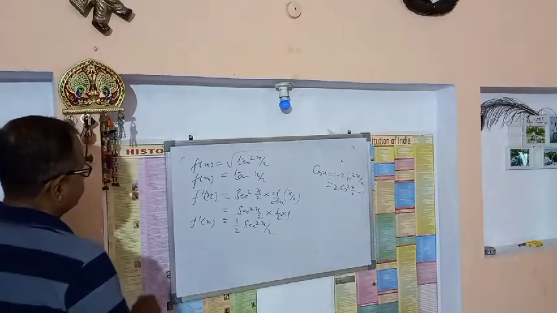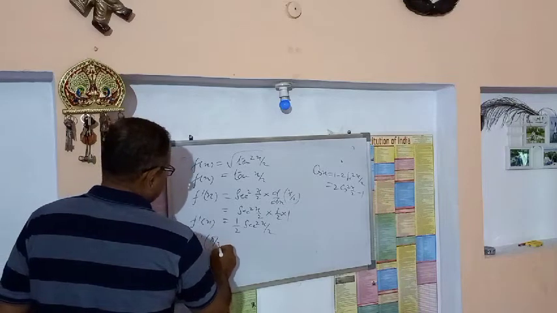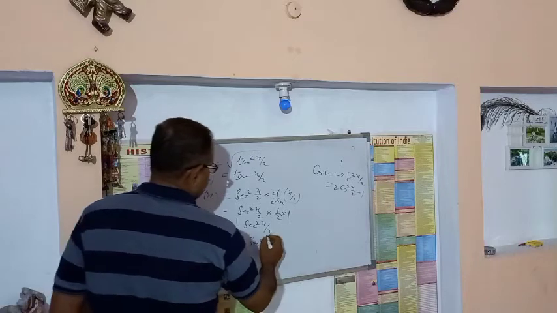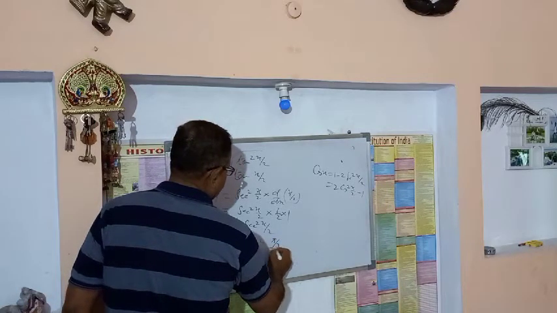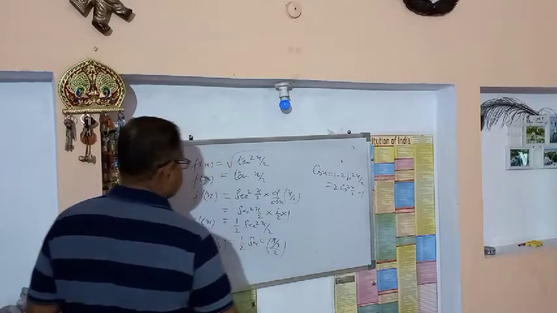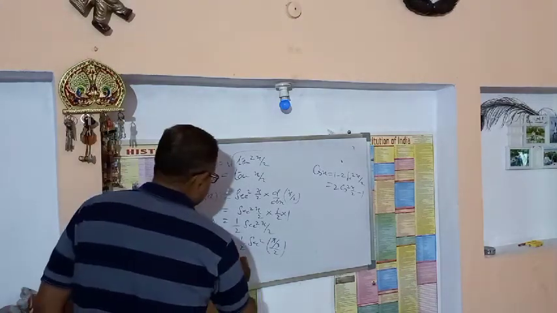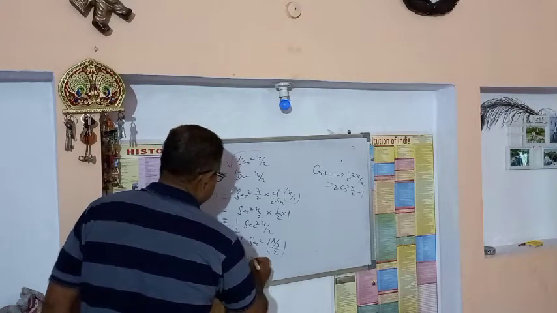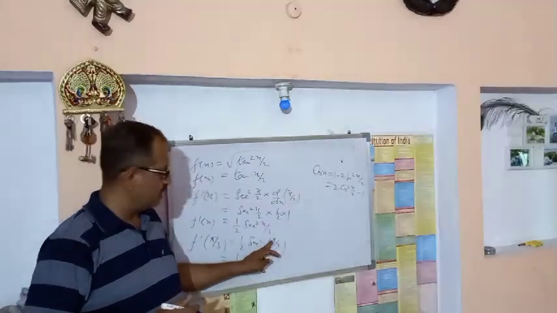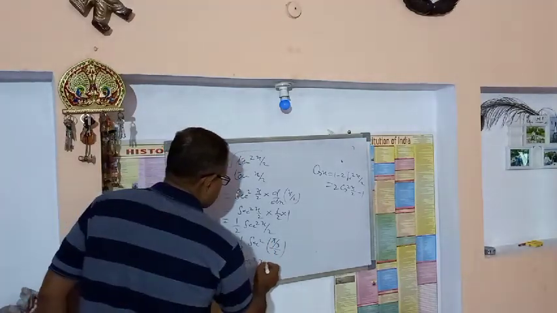Now we have to find f dash pi by 3. Write 1 by 2 sec square x by 2, where x is pi by 3. So 1 by 2 sec square pi by 3 upon 2. Pi by 3 means 60 degree, 60 upon 2 is 30 degree. So sec square 30 degree.